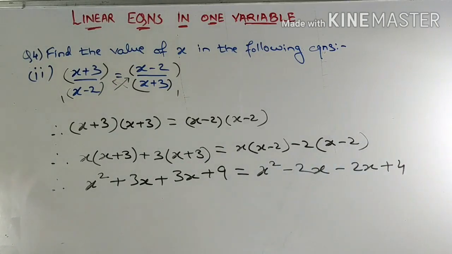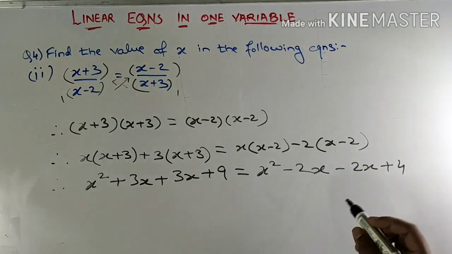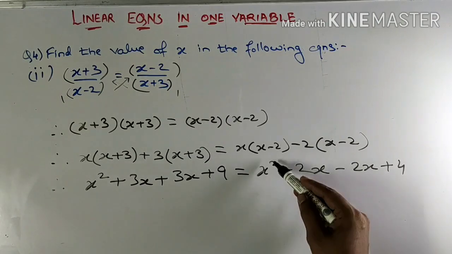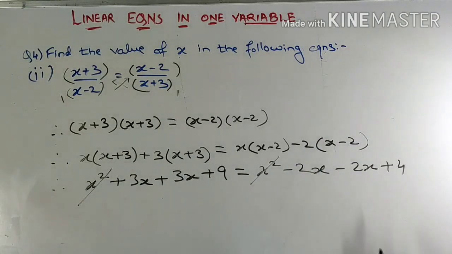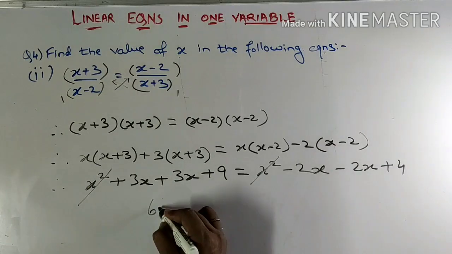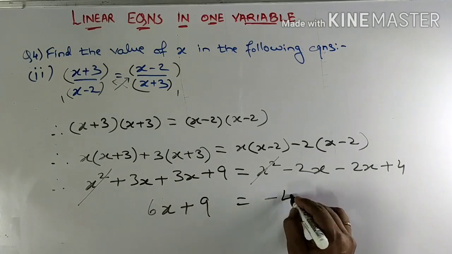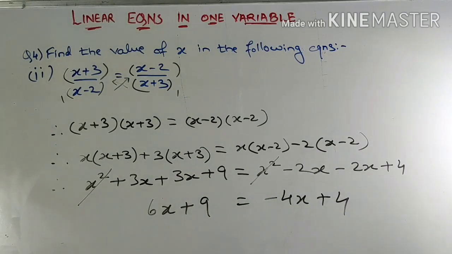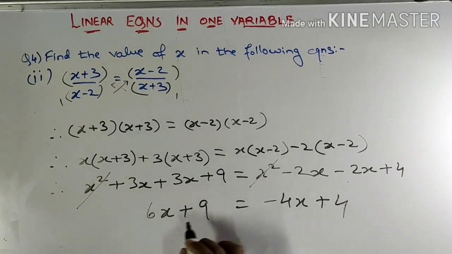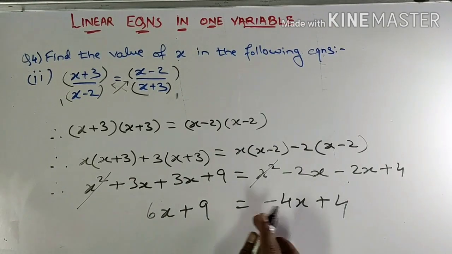Minus 2 into minus 2 is plus 4. So remember that. Now no need to get scared of the x square term, as it can be eliminated from both the sides of the equation, as both are plus x square. And what we are left with in the next step will be 6x plus 9 is equal to minus 4x plus 4.